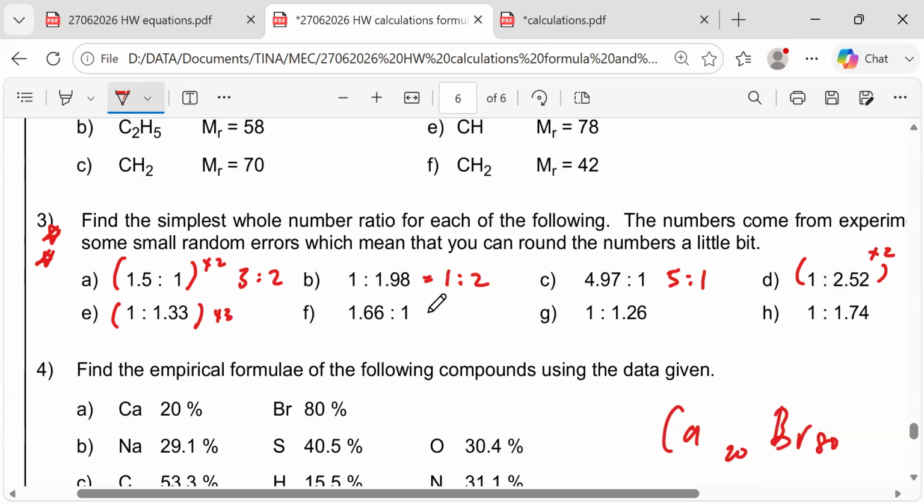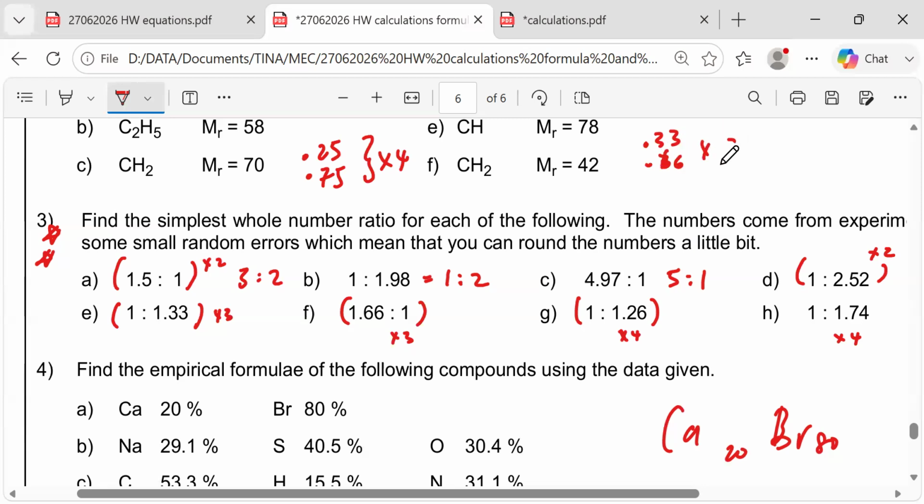Multiply by 3. 0.25 and 0.75, times 4. Can you remember? If it's 0.25, 0.75, you multiply by 4. If it's 0.33, 0.66, you multiply by 3.